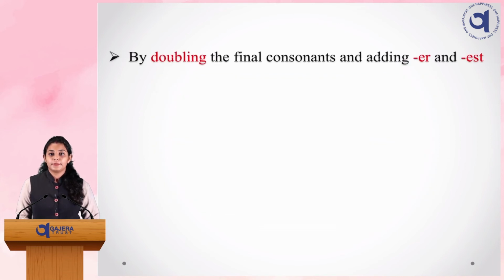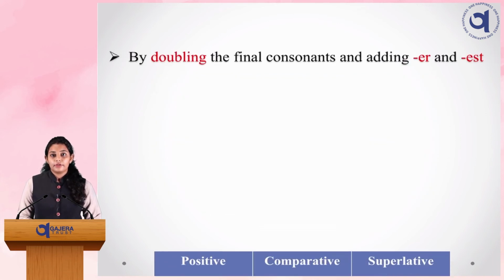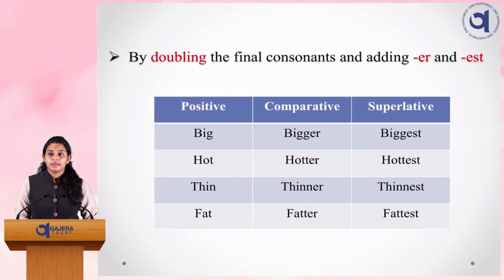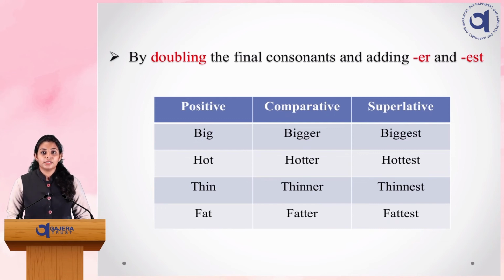Okay. Now the next rule is by doubling the final consonants and adding er and est, which means the adjectives which have the last consonant, that we have to double and then we have to add er, est. For example, big, bigger, biggest, hot, hotter, hottest, thin, thinner, thinnest, fat, fatter, fattest.